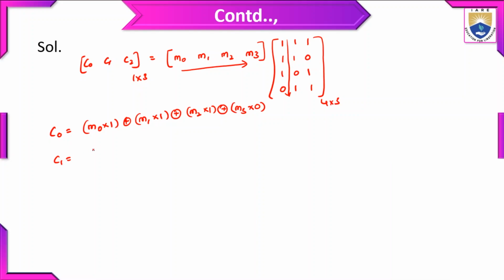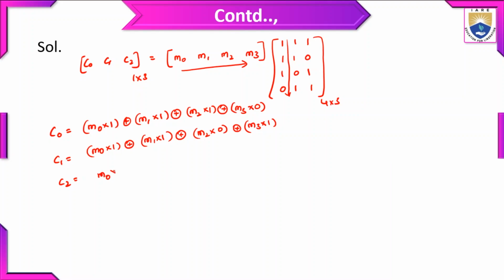C1 is equal to M0 into 1 XOR M1 into 1 XOR M2 into 0 XOR M3 into 1. That's C2.